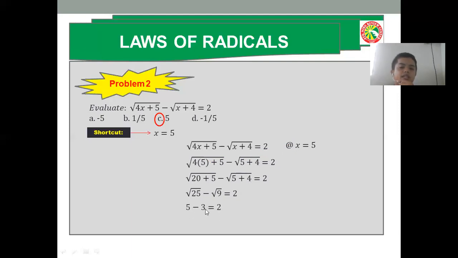So what is 5 minus 3? That is 2. As you have observed, it satisfies, so 2 is equal to 2. In that case, you have the correct choice, and that is the final answer. So 5 is the value of x that will satisfy the equation.